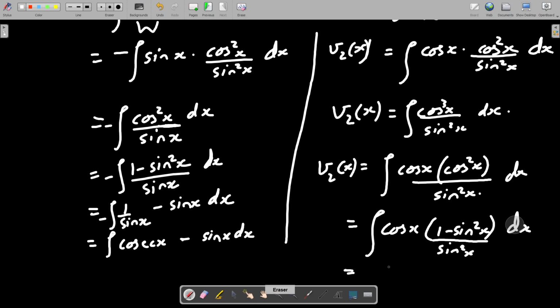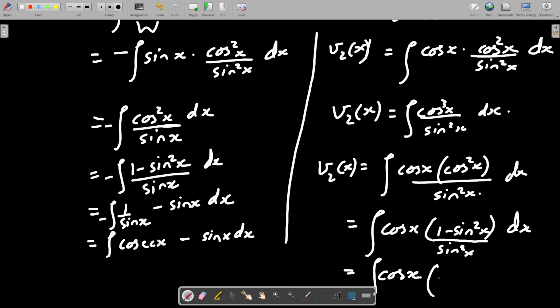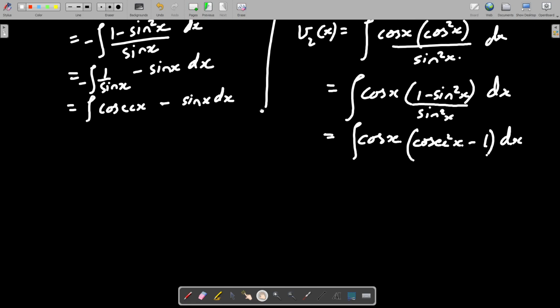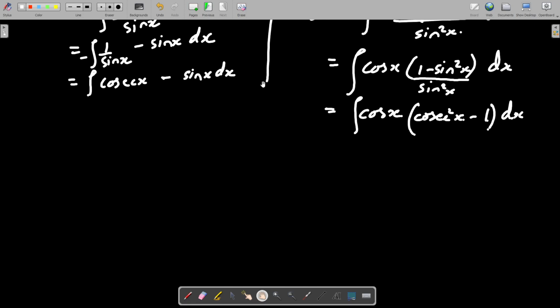So this will cancel out. So what will be left with us only? One upon sin square is cosec square x. Okay, here also we have ended up with something which is very weird to integrate.